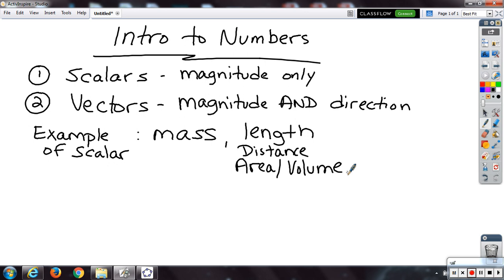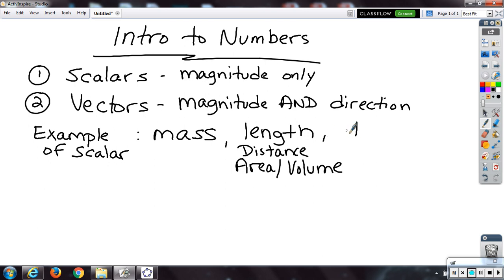So if I'm measuring the length of the side of a box, I don't care what side it is necessarily if I'm just looking to find the volume of the box. So that goes to show that if we do not care about a particular direction, then we're dealing with a scalar.